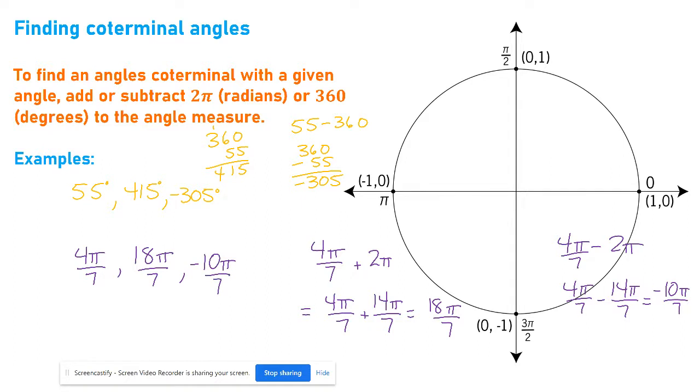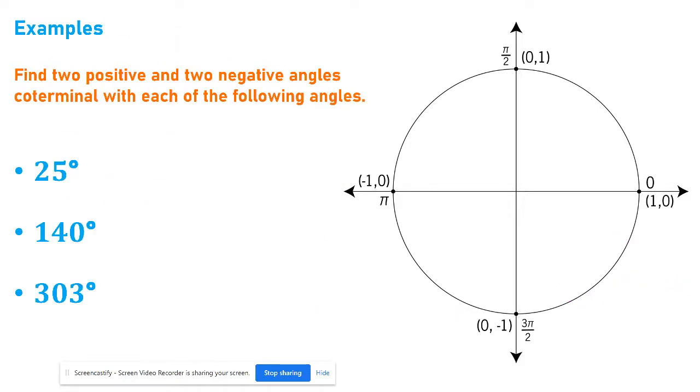So that's what you're doing here: finding equivalent angles with the same sine, cosine, and tangent that put you at the same spot in the circle by adding or subtracting one full rotation, which is 360 degrees or 2 pi radians.